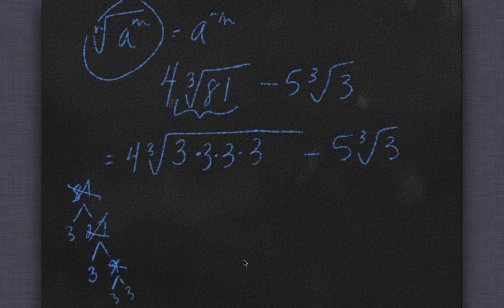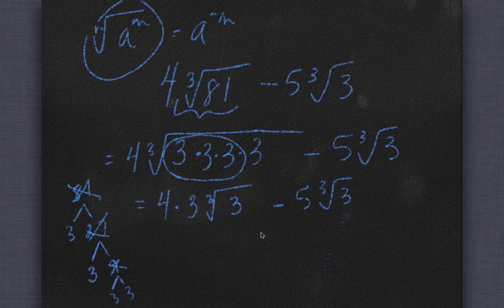You don't have to do it like this. That's a way to kind of make sure you're not messing it up. Because that's a 3 also, a lot of 3s running around, I want to look for sets of 3. So I take the set of 3, and I'm left with 1. So I have 4 times 3, that set, cube root 3. 12.